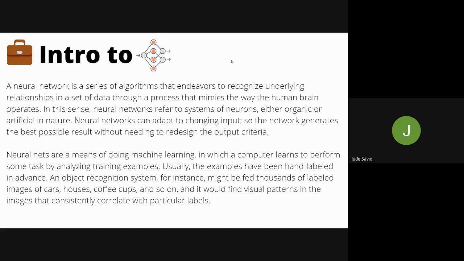Neural nets are also a means of doing machine learning in which a computer learns to perform some task by analyzing training examples. Usually these examples have been hand labeled. When you get all these images, just like the last use case of the doctor, you get all this information from the internet, but it is not ready to be fed inside the model.